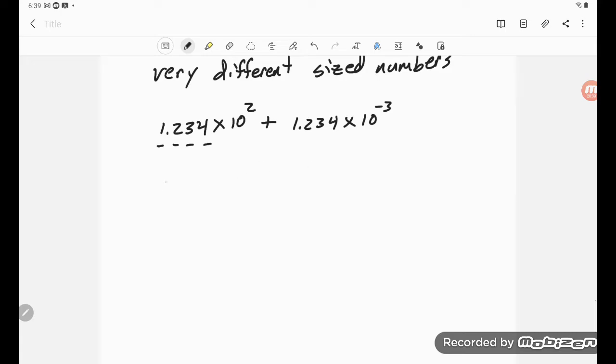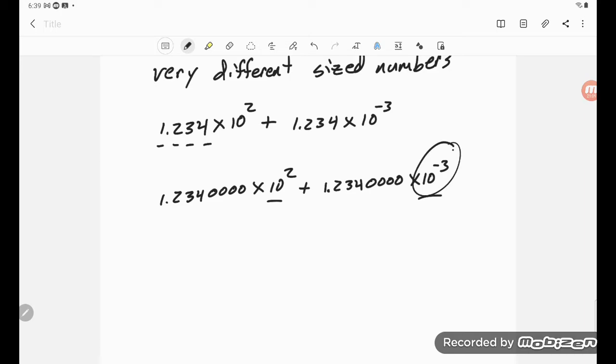So we'll actually have 1.2340000 times 10 to the 2 plus 1.2340000 times 10 to the negative 3. Well, now the first thing it's going to do is get these exponents the same, and I believe it should change that one to 10 to the 2.